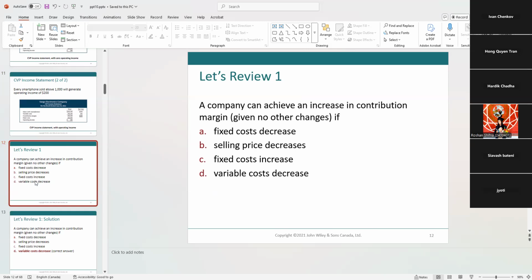Someone says B, someone says D. Which one is the right one? D. How many D's do we have? Do we have enough D's? Any confirmation? I need one independent source to confirm. I need one more opinion. I think D, Professor. You think D? Is there anyone who thinks different?